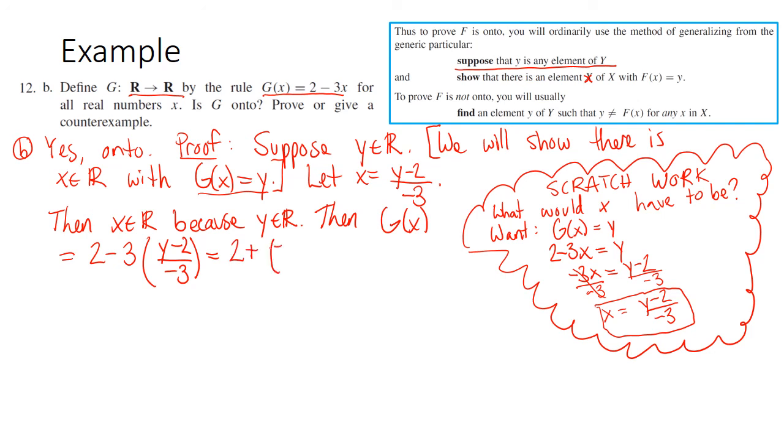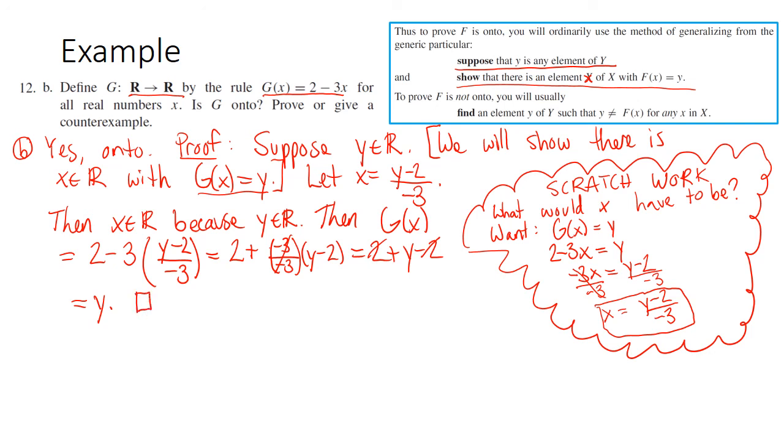This is like negative 3 over negative 3 times y minus 2. I can write it like that. So this is going to cancel out. So this is going to be 2 plus y minus 2 equals, and then your 2 and your negative 2 are also going to cancel. So you're just going to have y. Okay, so we've accomplished what we were to show in the proof. We showed there is an element in the domain that produces y as an output. So that's the end of the proof.